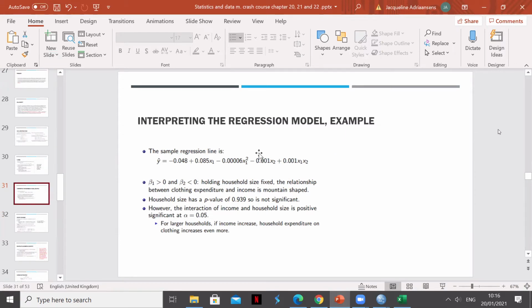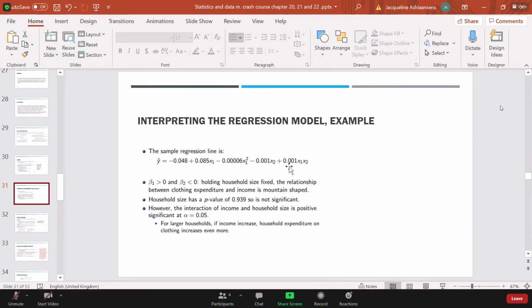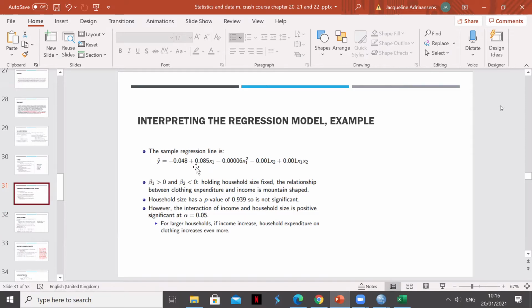Correct. So what we see in this model is that this is, of course, our B0, and this is our B1, B2, B3, B4, and our B1 is positive, and our B2 is negative. So this is the normal x1 term, and this is the squared x1 term.